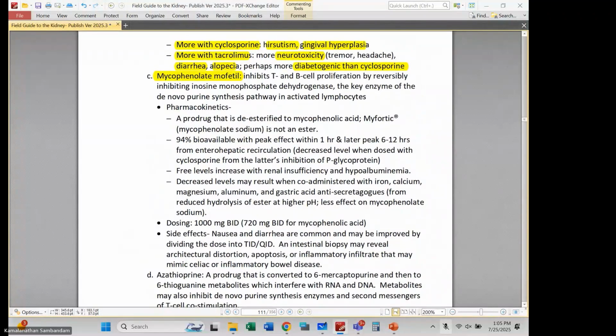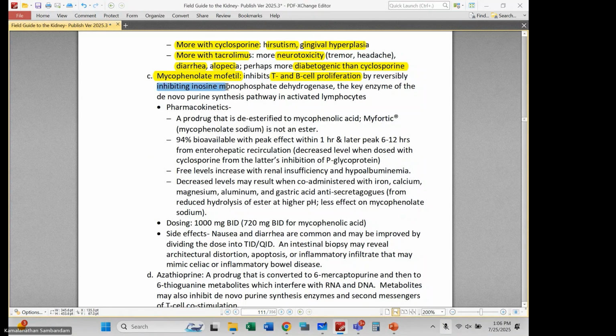Remember, we talked about this being part of that cell cycle arm of the adaptive immune response. It is an antimetabolite inhibiting T and B cell proliferation.